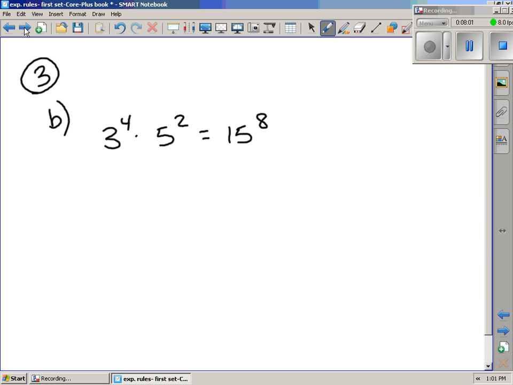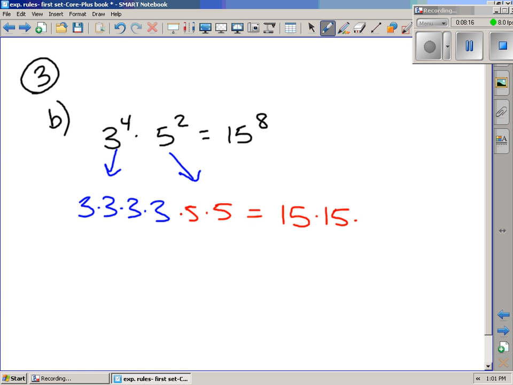All right, number 3b, 3 to the 4th times 5 to the 2nd. 3 to the 4th is really 3 times 3 times 3 times 3. 5 to the 2nd we write out as 5 times 5, and then that is not the same as taking 15 and writing it out 8 times and multiplying it.